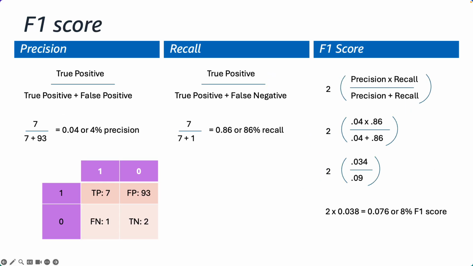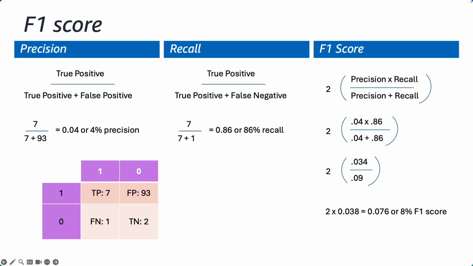Let's continue on with task 2.3 to analyze our model performance and talk about using metrics to analyze the performance of machine learning models and talk about F1 score. The F1 score is an accuracy measurement that you can get by looking at the precision and recall together. Let's look at the confusion matrix from this model. You need to calculate the precision of this model. Do you remember the precision formula?